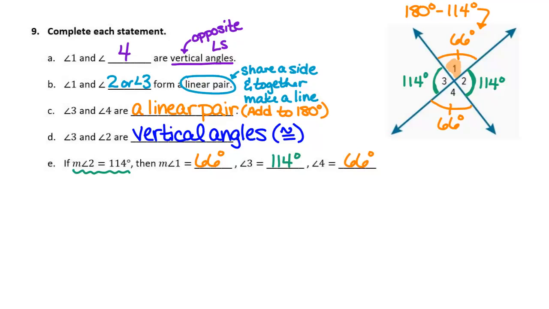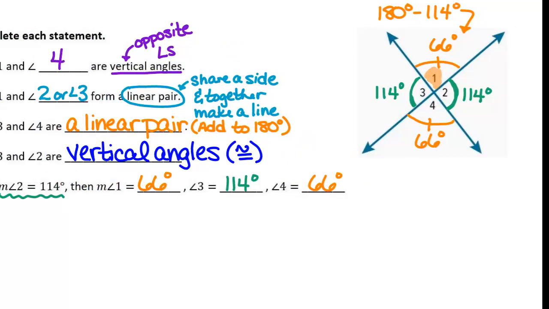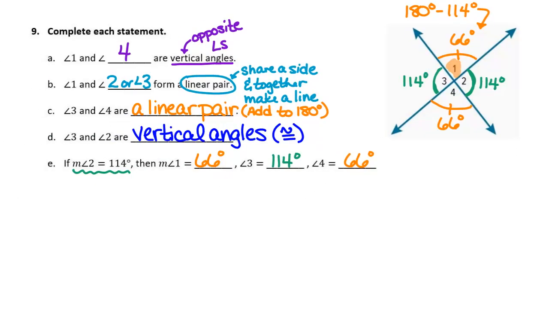And we did 180 minus 114 because these two angles, this angle here and this angle here, they're a linear pair. They're side by side. They share this side right here, and together they make this straight line. So they add to 180. It's a really great question. All right, let's go look at number 10 now.